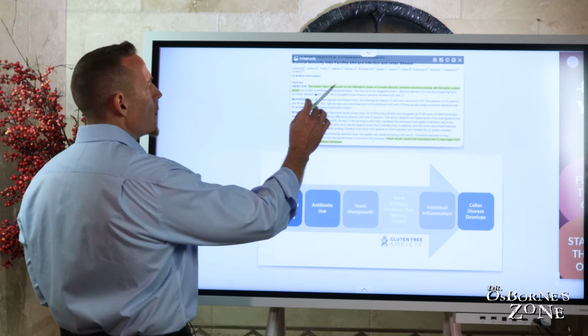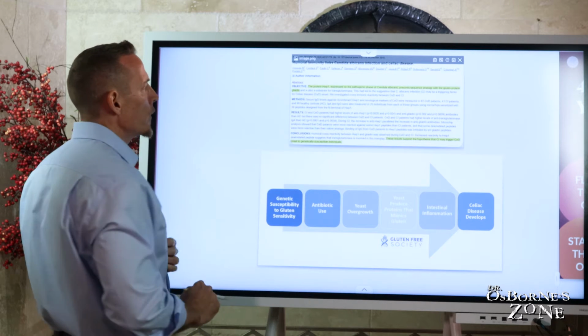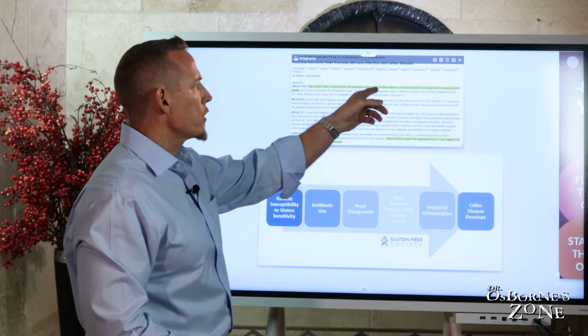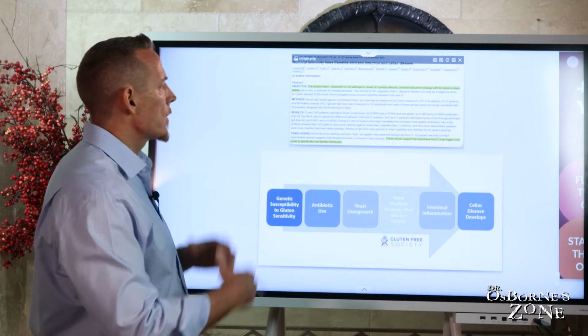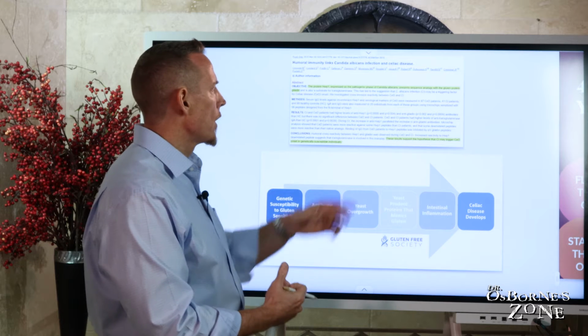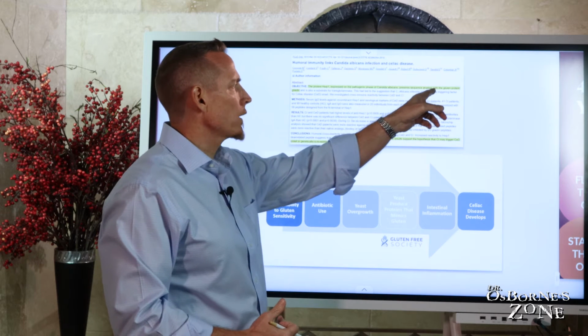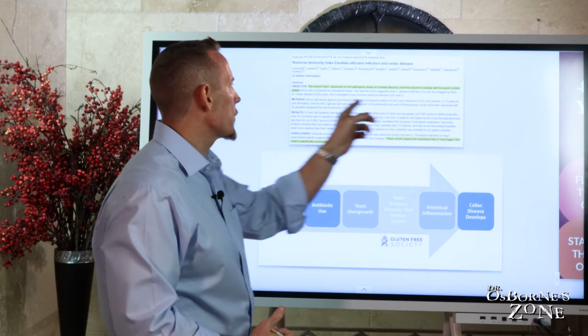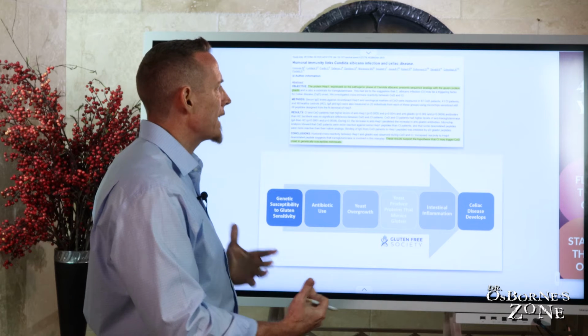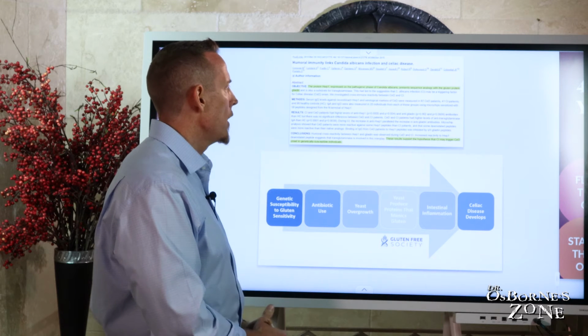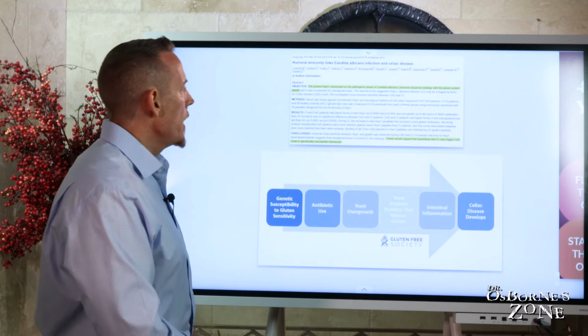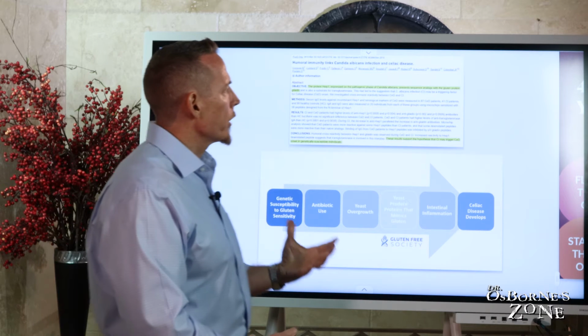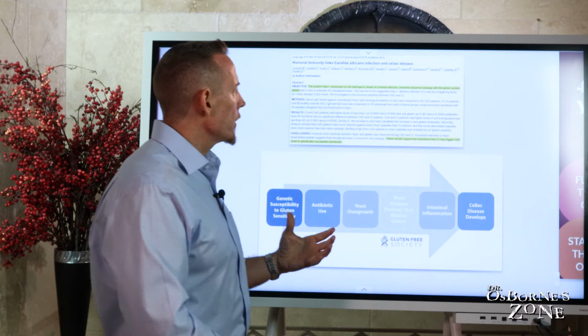The protein HWP1, that stands for hyphal wall protein, expressed on the pathogenic phase of Candida albicans. So this is a protein that Candida produces, presents sequence analogy with the gluten protein gliadin. So it looks like gliadin, it mimics it. And so this is one of the reasons why researchers believe it could be a triggering factor for celiac disease.